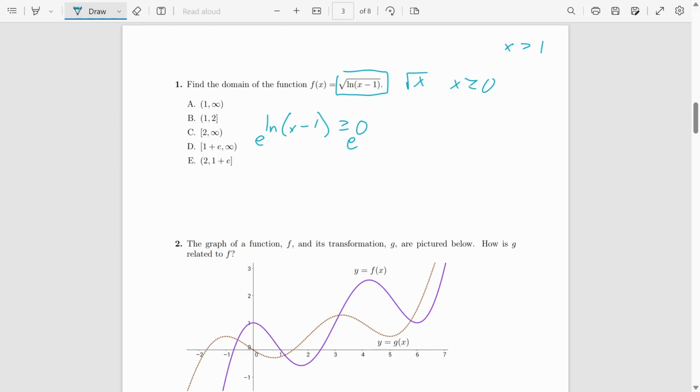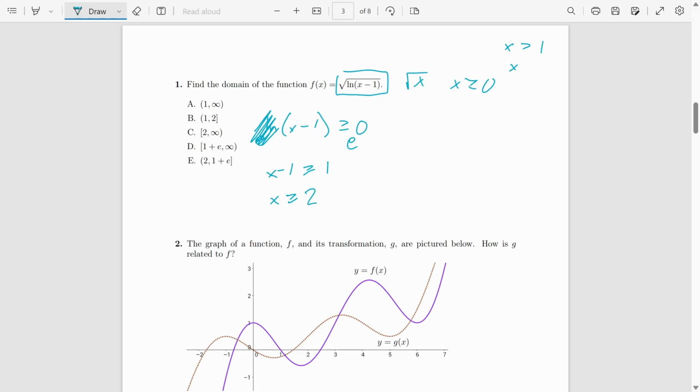This cancels out, so you're just left with x minus 1 is greater than or equal to e to the 0, which is just 1. Anything to the 0 is 1. Then algebra simplifies, so x is greater than or equal to 2.